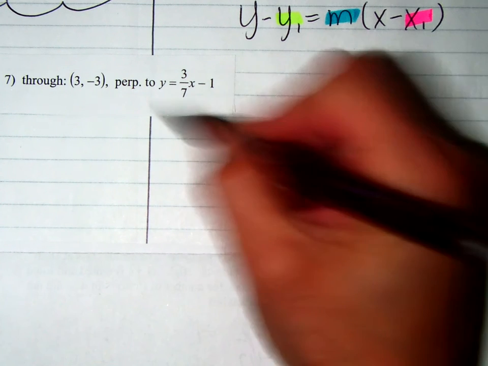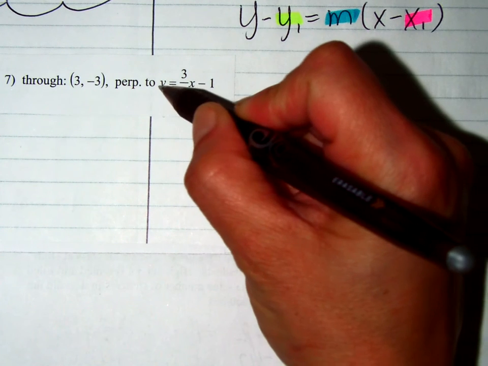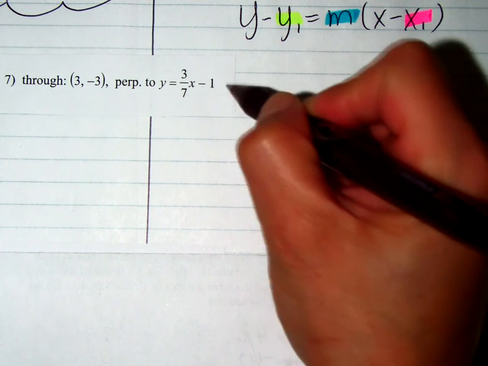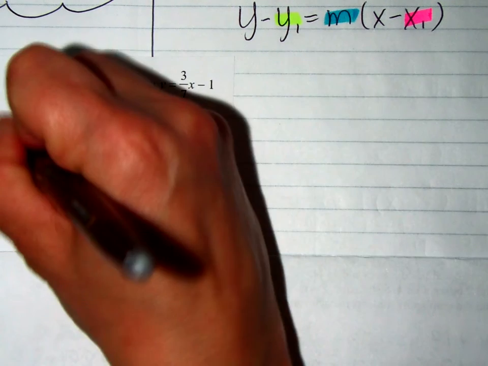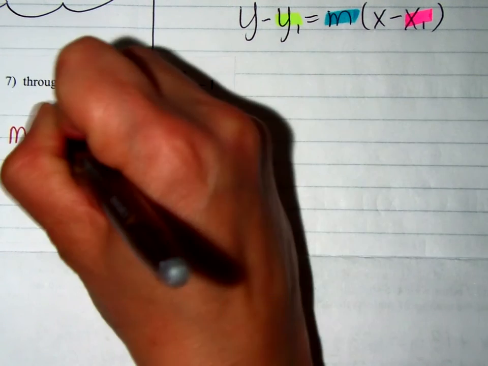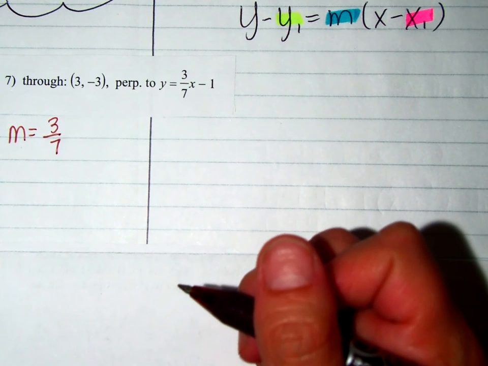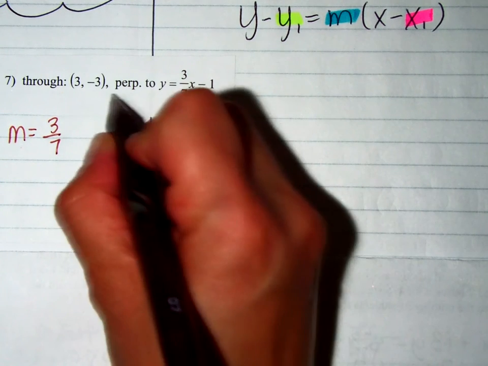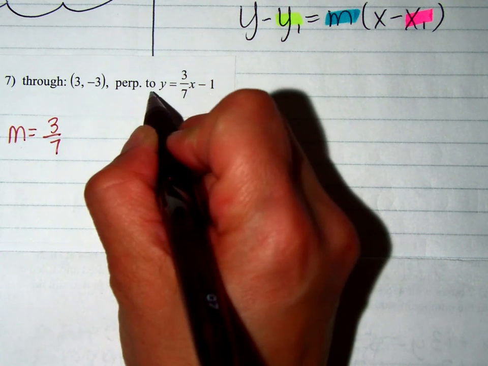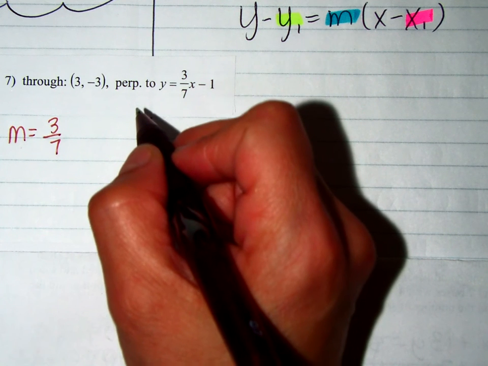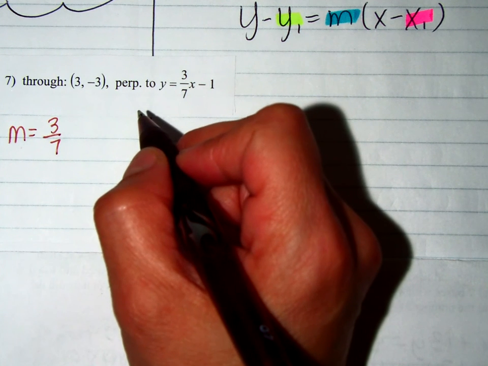Okay. So the first thing we want to do is identify the slope. Remember, we're looking at our equation, y equals mx plus b, and m for me here is 3/7. Now I want the perpendicular slope. This is perpendicular to, so that means I need opposite and I need reciprocal.